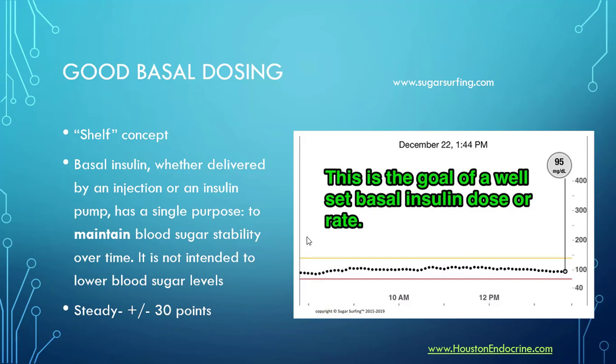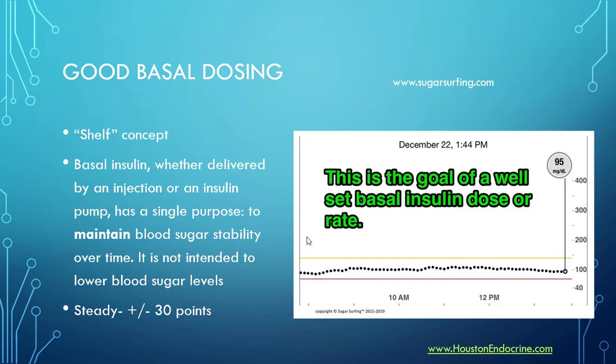Just to go over a couple of things here, if you're getting the proper amount of basal dosing, it should look like this diagram, which is showing time at the bottom and blood sugars on the y-axis. The goal of a well-set basal rate is to be pretty flat, and this is the concept of a shelf.